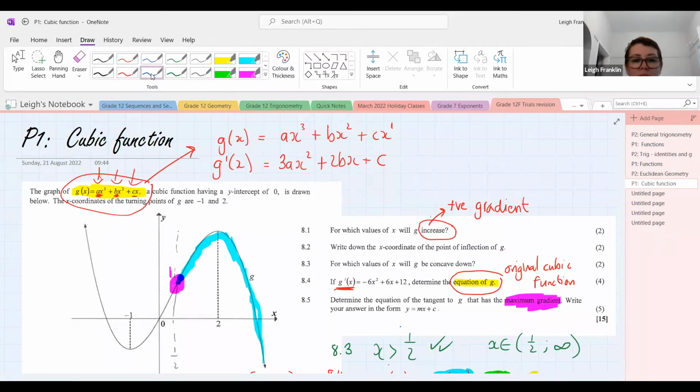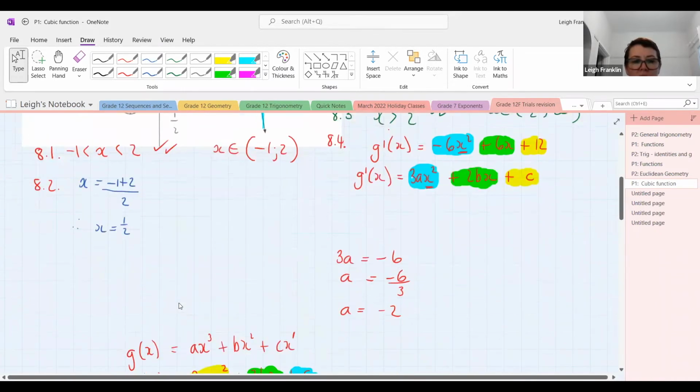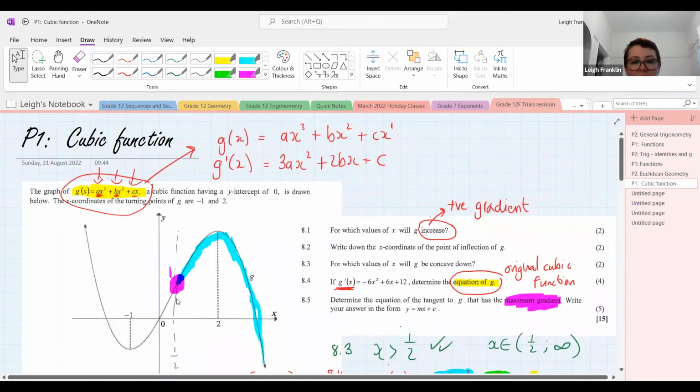So if we now want to calculate what that maximum gradient is, we need to sub the x coordinate into what? What gives us an answer for gradient? Remember, gradient is the first derivative. The point of inflection is your second derivative, your measure of concavity. Absolutely.